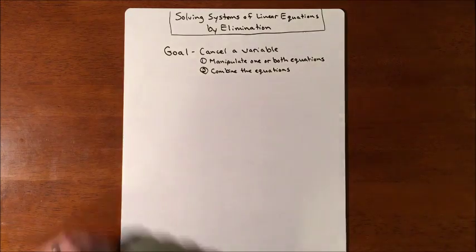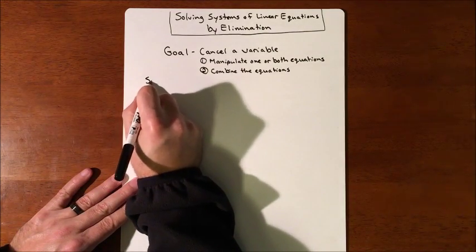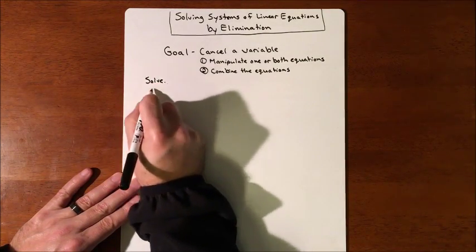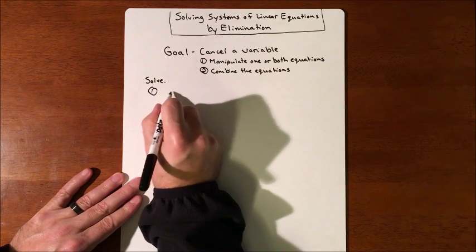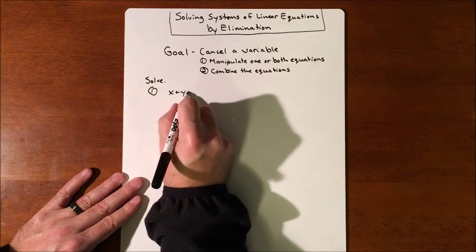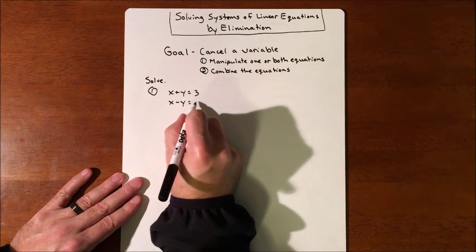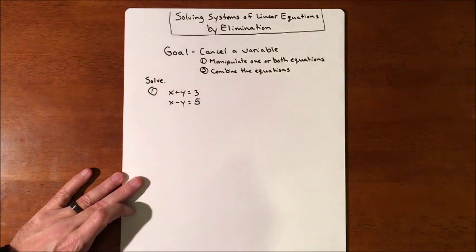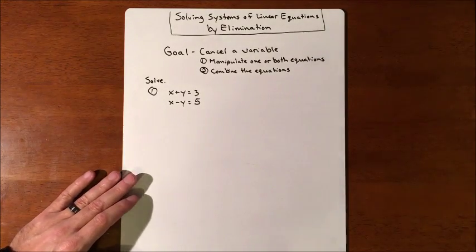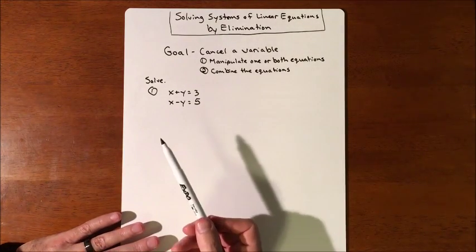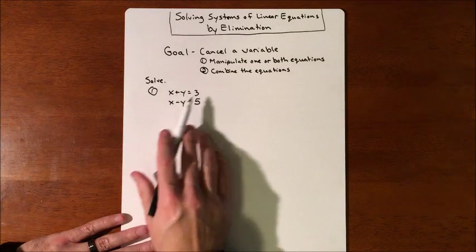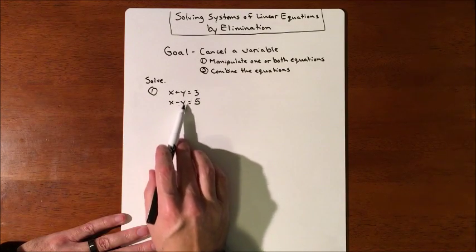So our first equation, directions are going to say solve the system. We'll start off with x plus y equals 3 and x minus y equals 5. So we're going to try and solve this system of equations. One thing that we're going to try and make sure happens every time is we're going to try to line up everything.